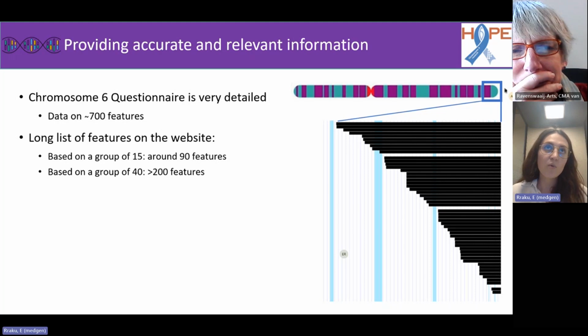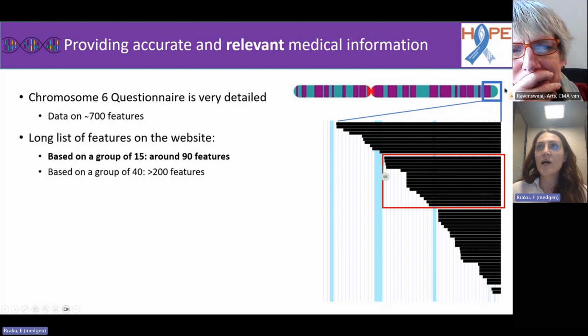Now imagine you enter the breakpoints of your child's deletion on the website, and the website finds this group of 15 individuals that have a deletion similar to the one you entered. Now I say 15 is the minimum group size, which means that there will not be any descriptions for smaller groups on the website. And we have looked into this, and for groups of 15 individuals, the medical description on the website will consist of around 90 features on average.